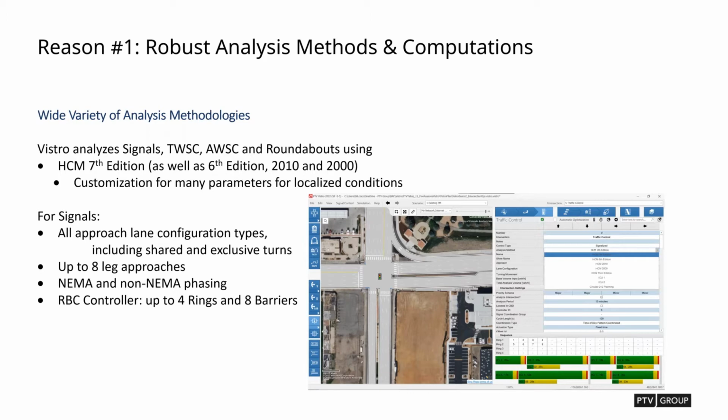You can have up to 8-leg approaches, and we can handle NEMA and non-NEMA phasing through our flexible RBC controller and our sequence editor, which you'll see in the screenshot on this screen, that you can have up to 4 rings and 8 barriers within the signal setup and analysis within PTV Vistro.